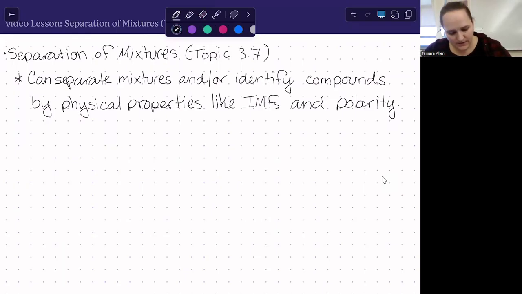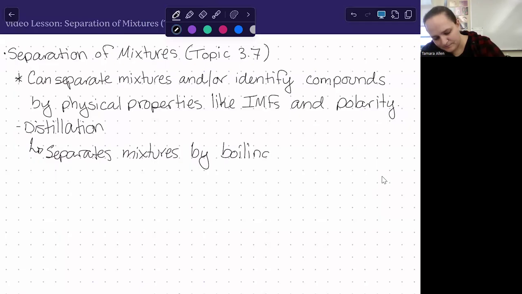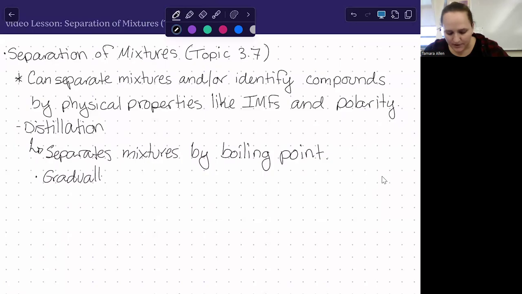The first of which is known as distillation. So distillation separates mixtures by boiling point. Essentially, you are gradually heating up a mixture and the substances kind of boil off one by one in order of increasing boiling point.